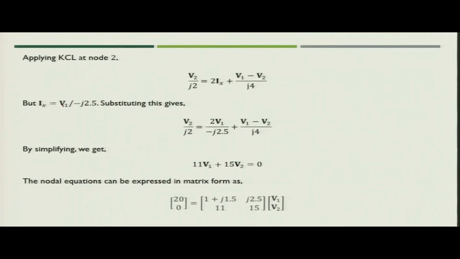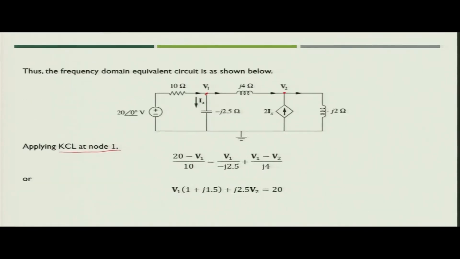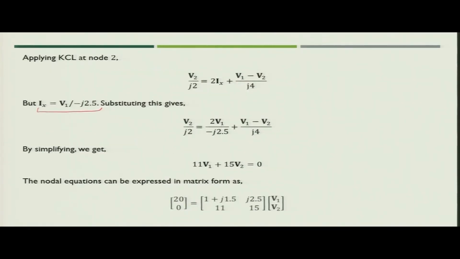Now, we also know that Ix is nothing but V1 upon minus j 2.5, this is what we get from here. So, we replace the value of Ix with V1 upon minus j 2.5.